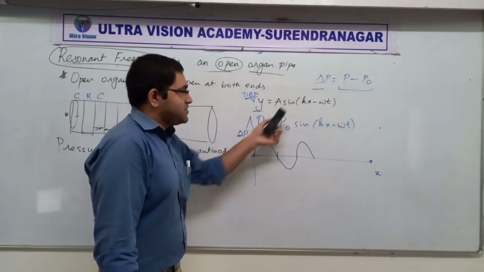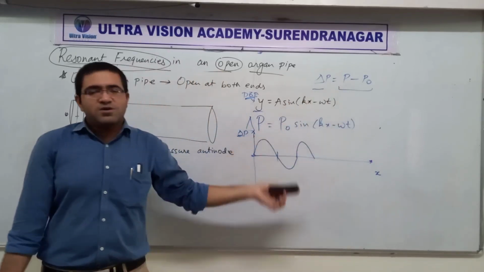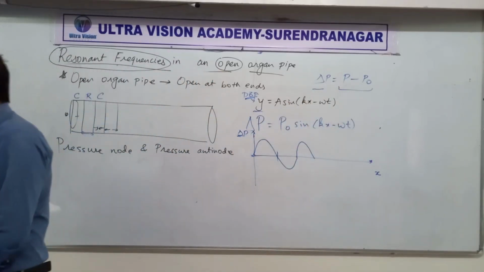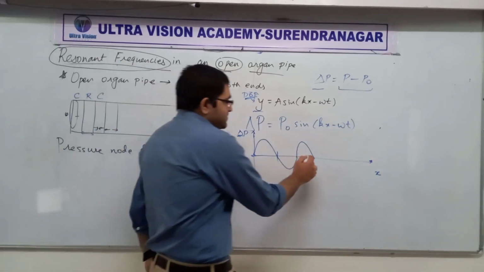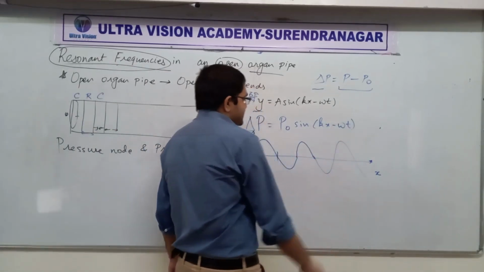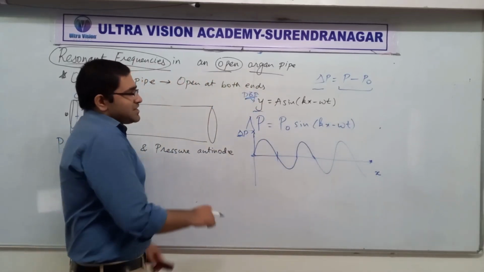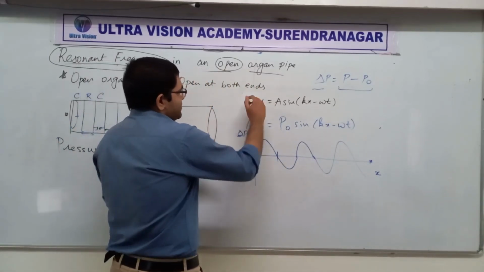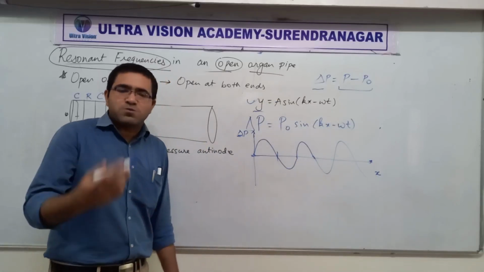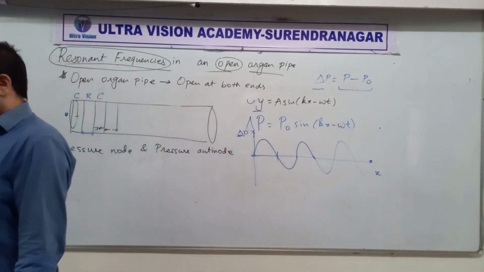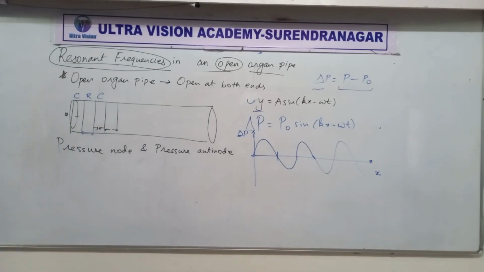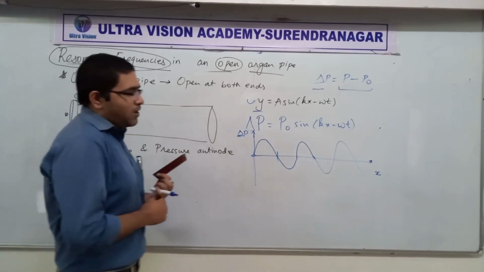Do you realize that this graph is just like the graph of Y that we would normally draw for a transverse wave on a string? The graph of pressure is similar to the graph of displacement.